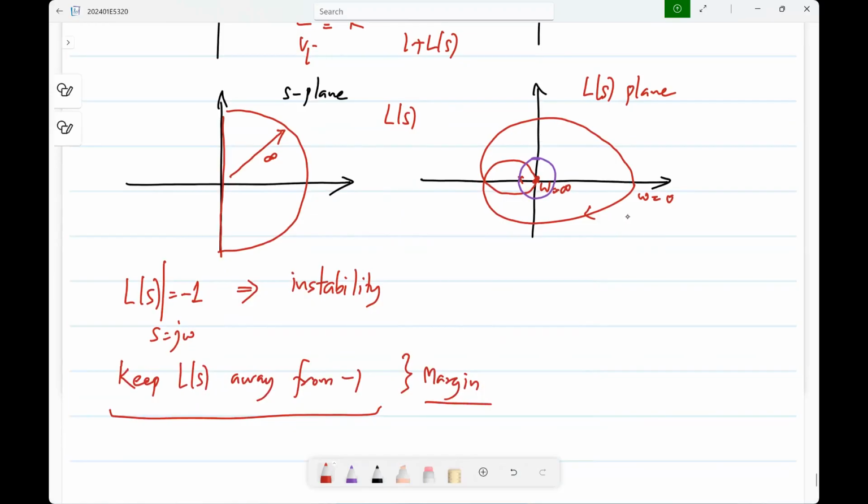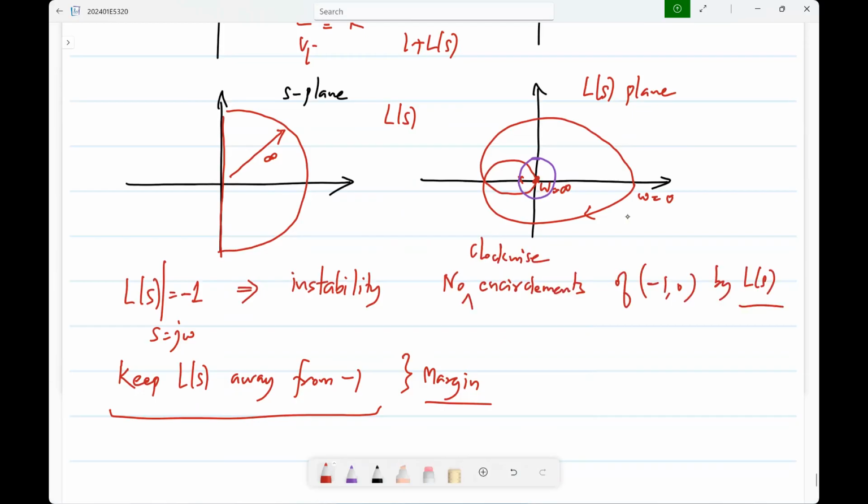Of course, it should be stable to begin with, so no clockwise encirclements. It should be stable and it should stay away from minus 1. Now, how do you measure whether it's away from minus 1?